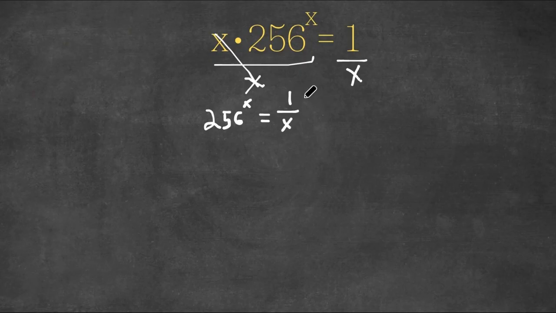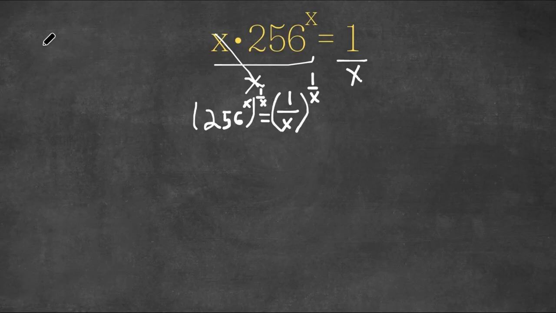Now what we're going to do is power both sides to the 1 over x. So we're going to do 1 over x to the power of 1 over x, and 256 to the power of x to the power of 1 over x.